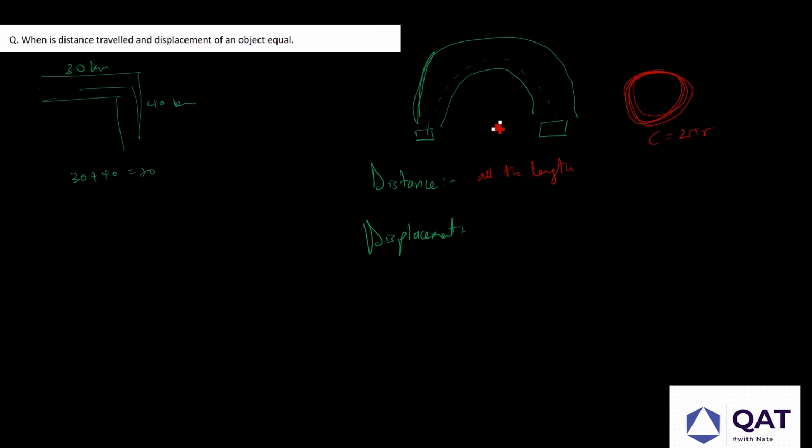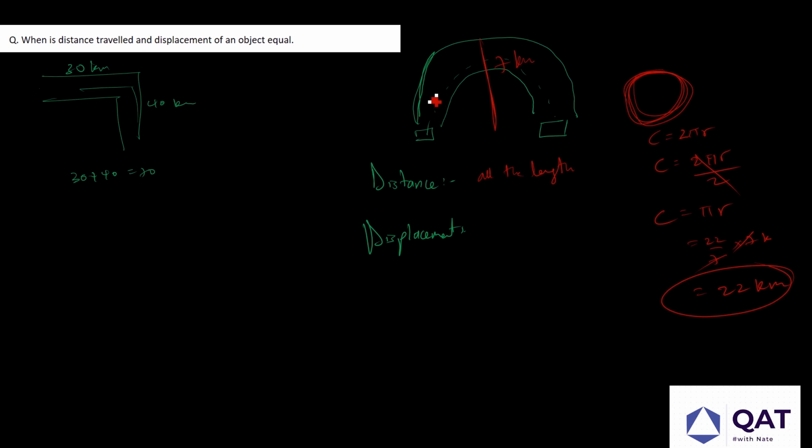But here it is a semicircle, so if we assume that the radius of this circle was 7 kilometers, the circumference would be 2 pi r for the whole circle, but this is a semicircle, so I would need to divide it by 2. Circumference would be pi times r only. Pi is 22 by 7 times radius 7 kilometers, so circumference would be 22 kilometers. So this length is just 22 kilometers. Distance would be 22 kilometers.